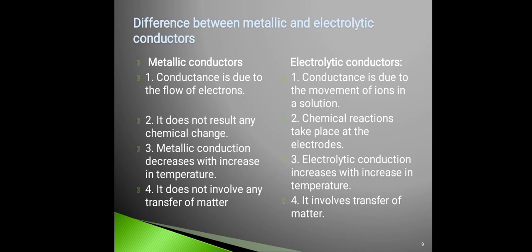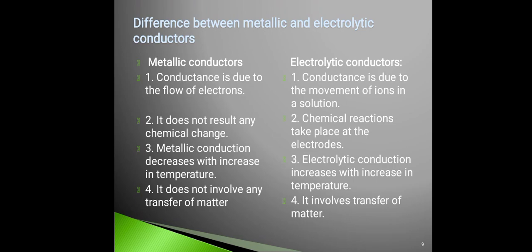Metallic conductors are the conductors in which the conductance is due to the flow of electrons, whereas in electrolytic conductors the conductance is due to the movement of ions in a solution.